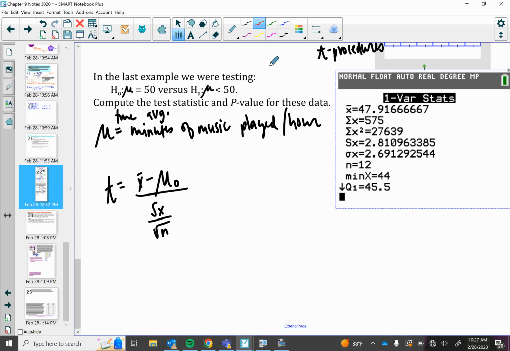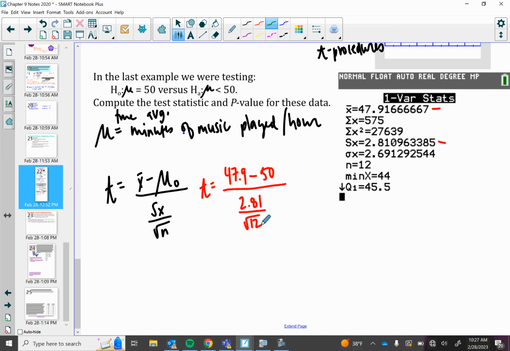Now I see that for my sample mean, I have 47.9 minus our null hypothesis, which is 50, all over my sample standard deviation, 2.81, over the square root of 12. When I take some time to calculate this, I get -2.59. This is our test statistic.